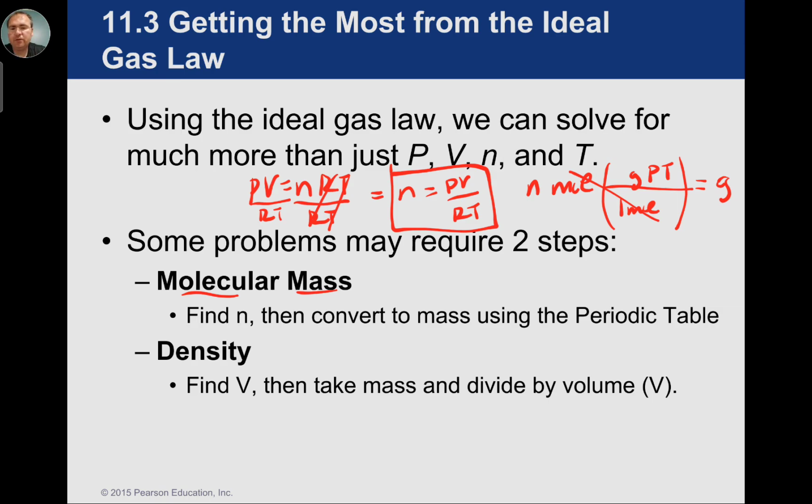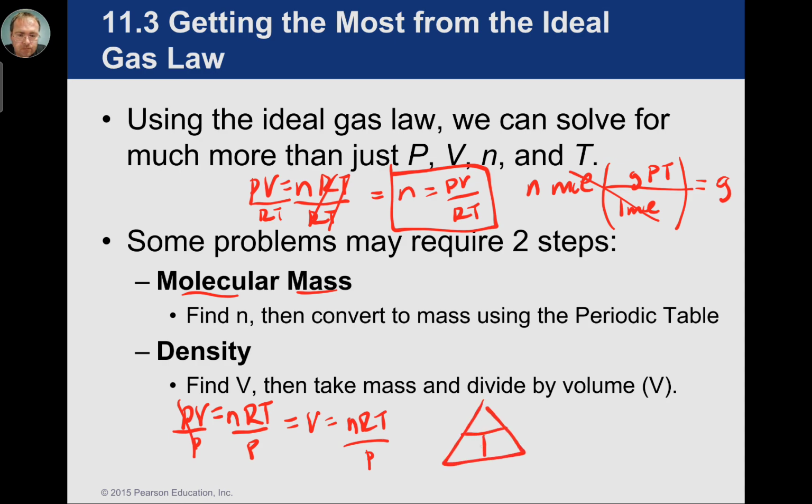Density would be very similar, but solving for V. So if you have PV equals nRT, solve for V by dividing by P on both sides. That equals V, so nRT over P. Density is mass over volume. They'll give you mass.